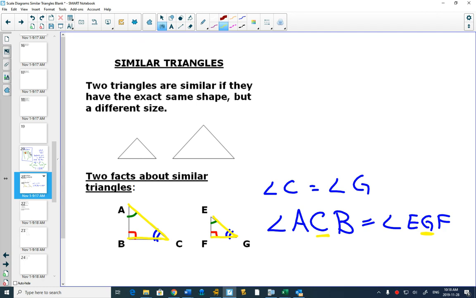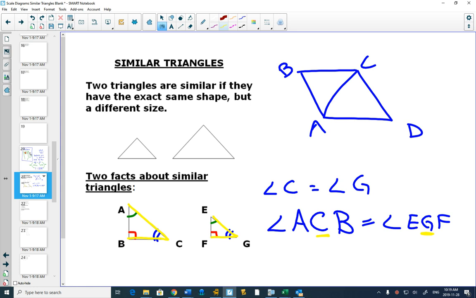Which way is nicer? Obviously the first way. If you have a simple triangle and you want to talk about angle C, it's easy. But sometimes you might have this. Draw a picture: a triangle there, A, B, C, D, and someone says, I want to talk about this angle. If I just say angle C, the person's like, did you mean just this little one, or did you mean them both together?